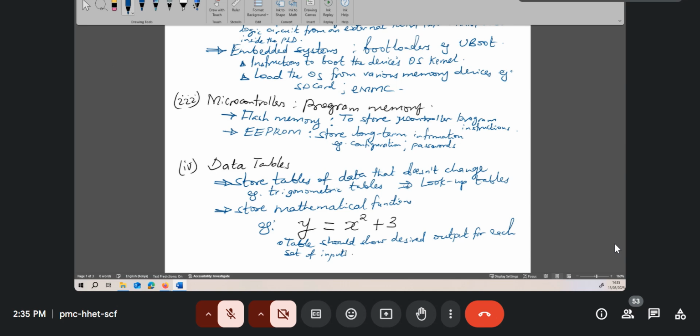In our case, the input would be x. So how can we use ROM memory to actually store that kind of data?